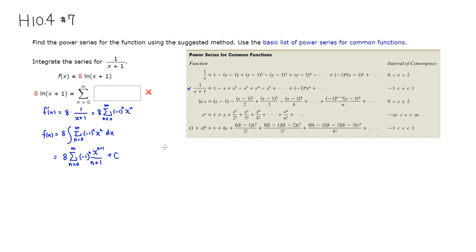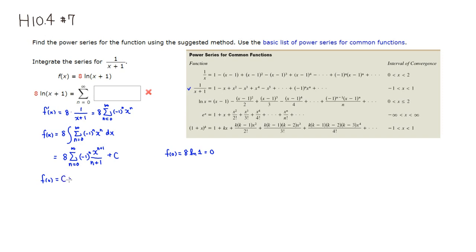But if you look at f of, say, 0, 8 times natural log of 0 plus 1 is natural log of 1, which is 0. So c is going to be f of 0. If you plug in 0 in this power series, every term has x in it, so all the terms are 0, and it's 0 plus c.